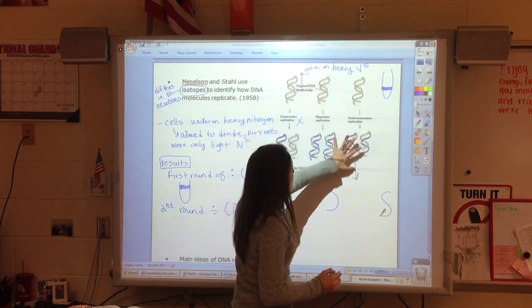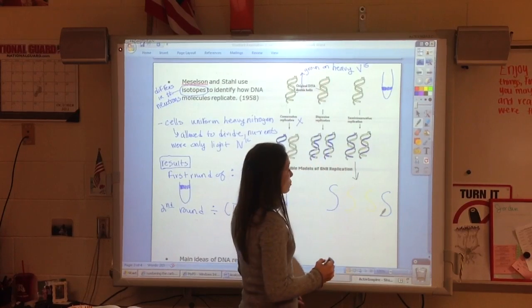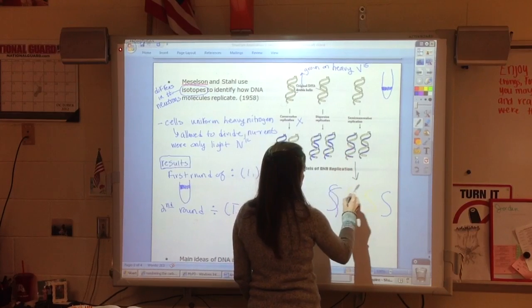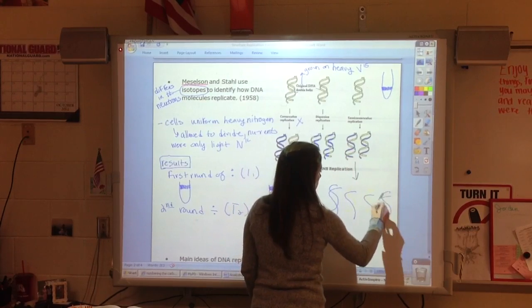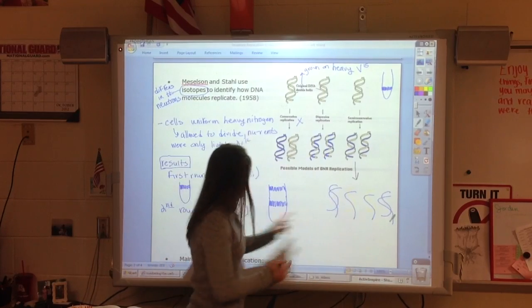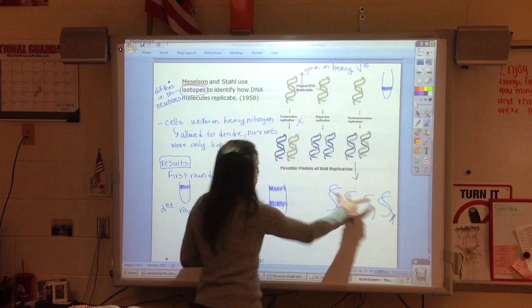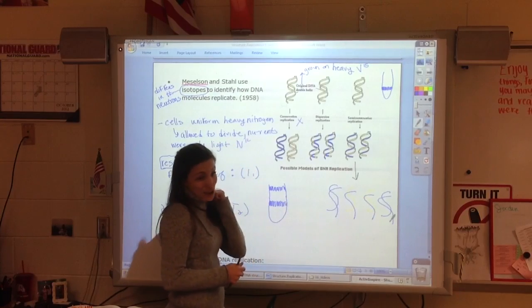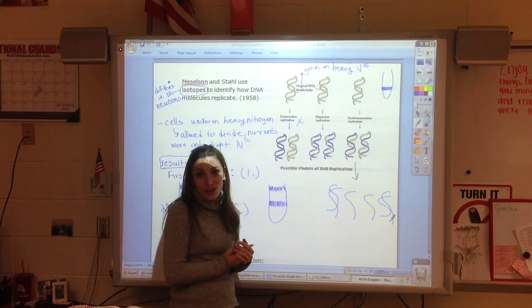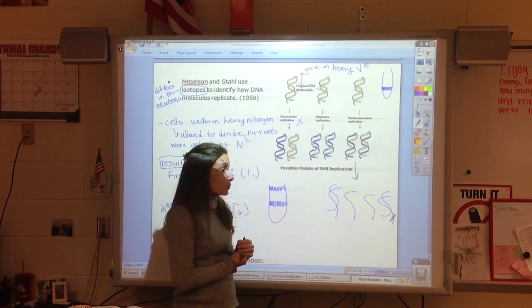We're growing it on the blue, and so every time I add the blue, and this is actually what they saw in their data, that 2 were of the medium and 2 were of the light. And I didn't do a good job with the scales on my diagrams, but they're actually really good ones usually in your textbook as well.